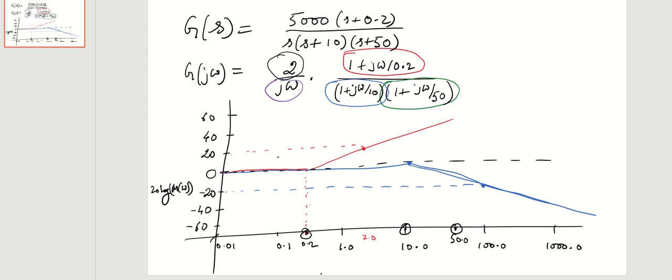And finally, the green one. The green one starts to show its effect only at 50.